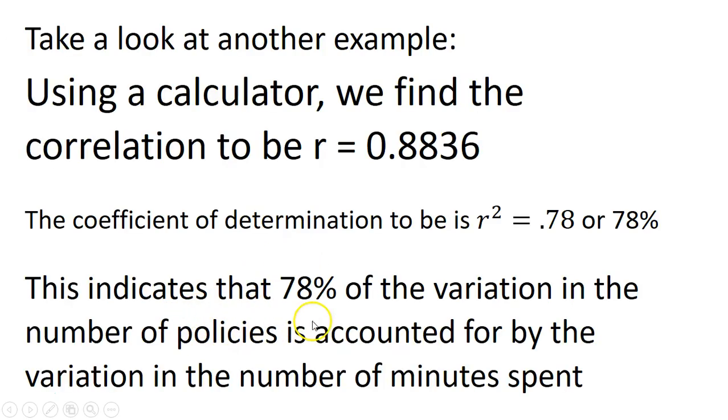It indicates that 78% of the variation in the number of policies is accounted for by the variation in the number of minutes. Depending on how you want to write it, oftentimes people do write the Y first by saying 78% of the variation in number of policies is accounted for by the variation in the number of minutes.